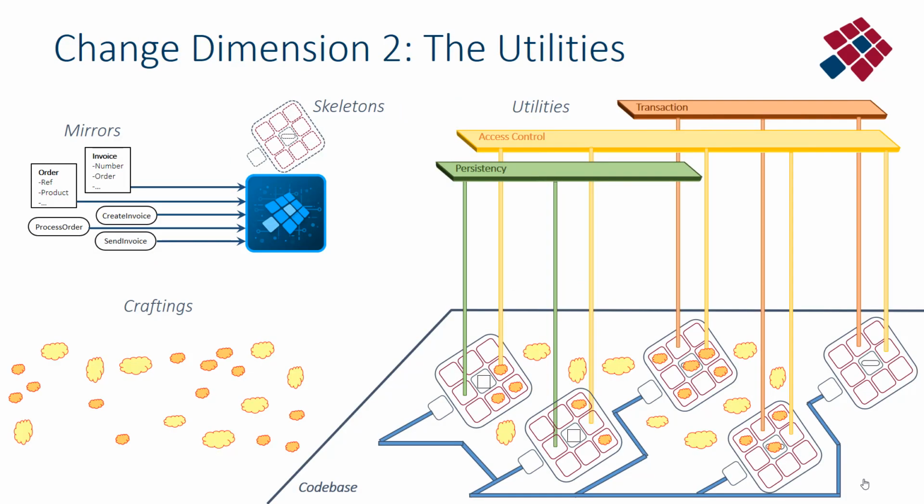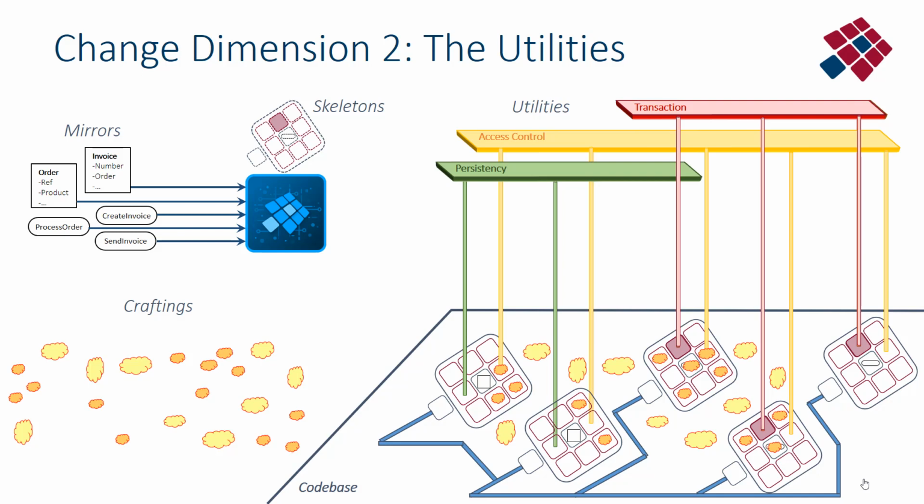A second dimension of change corresponds to the utilities, the frameworks that you are dealing with to solve the cross-cutting concerns. Now, suppose that you would say, look, I want to use another transaction framework, for instance, another framework for specific cross-cutting concerns. The only thing you have to do is to change the various classes interconnecting with, tapping into that framework.